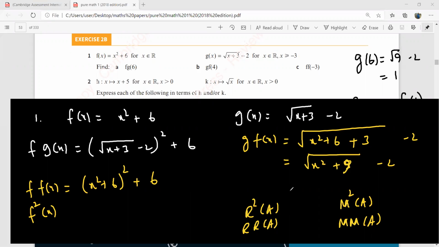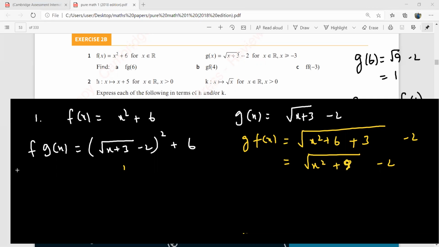So now you have to find f f of -3. So let's do that. What you must do in this case is find this, like this is the C part. So you find what is f of -3. f of -3 is going to be -3 squared plus 6.